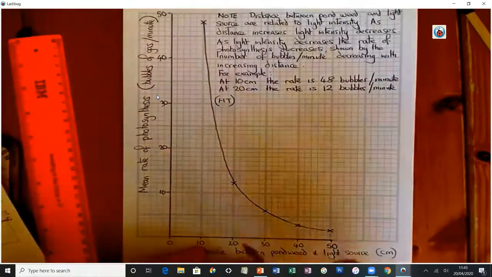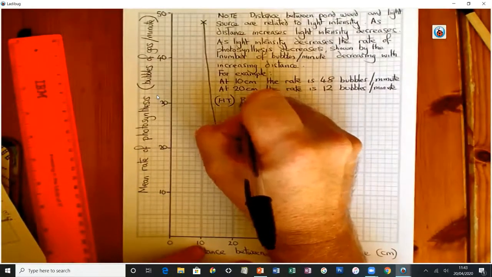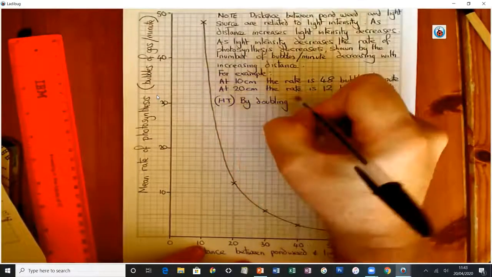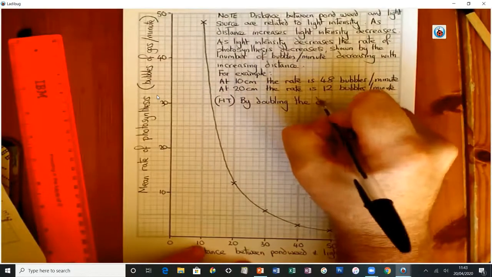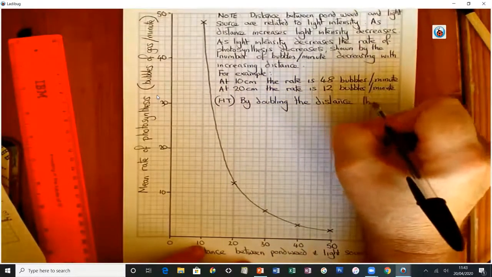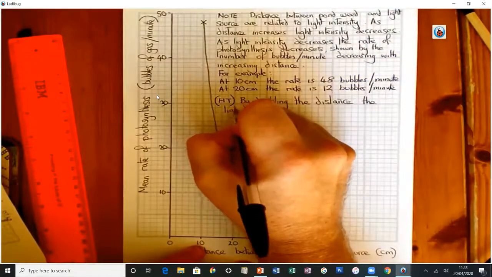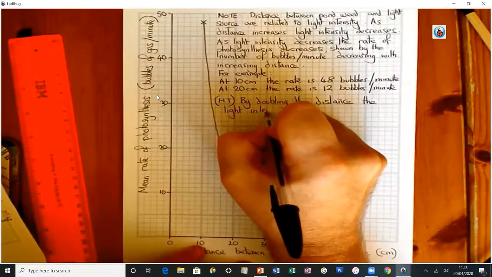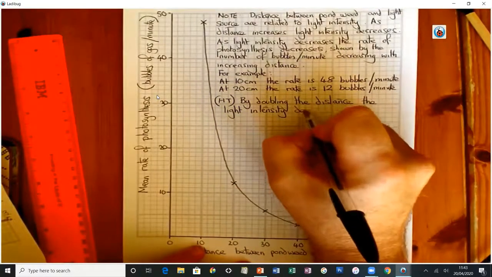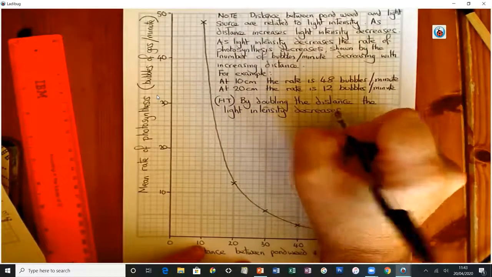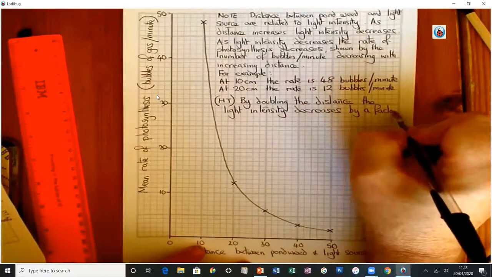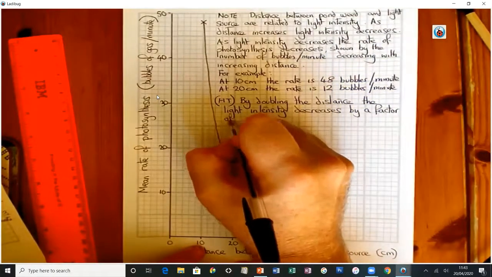So let's just write that down first of all. By doubling the distance, the light intensity decreases by a factor of 4.